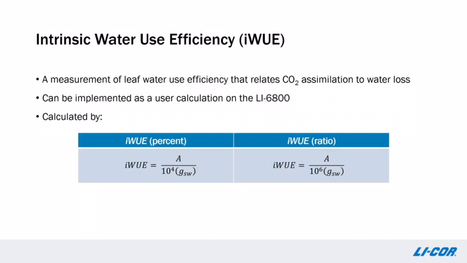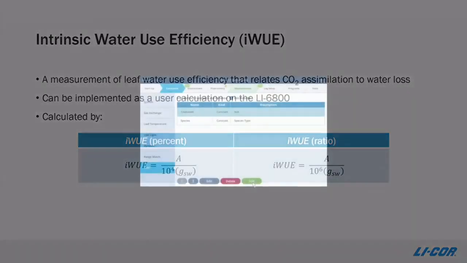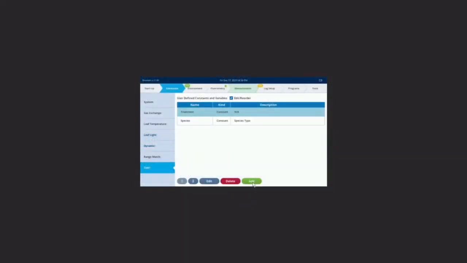Now, I'll go over how to create a user variable that calculates intrinsic water use efficiency on the LI-6800. In order to add intrinsic water use efficiency as a user variable, you will again select Add, highlight the new constant that appears, and then select Edit.